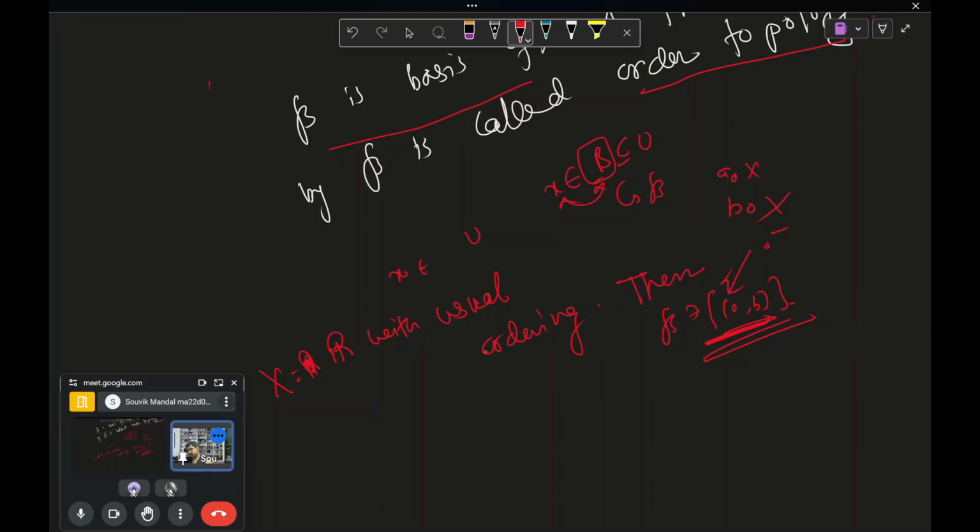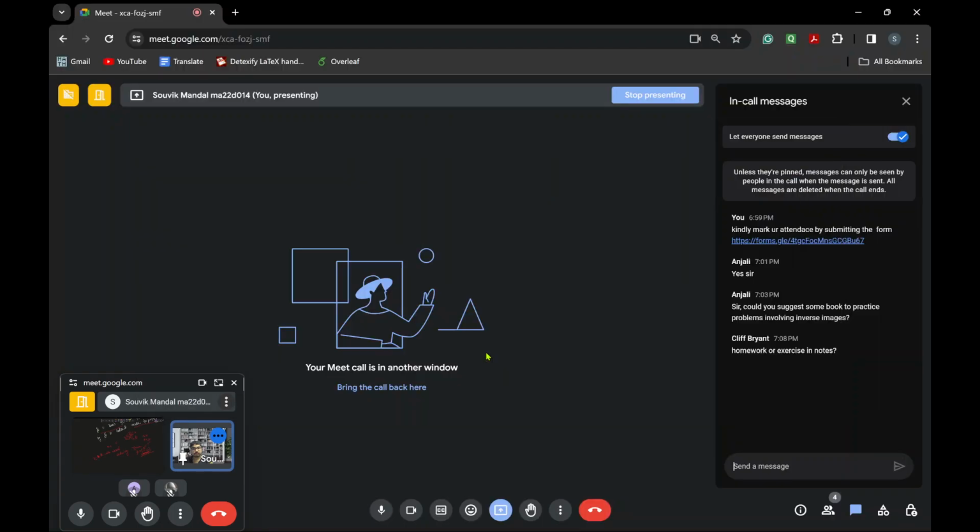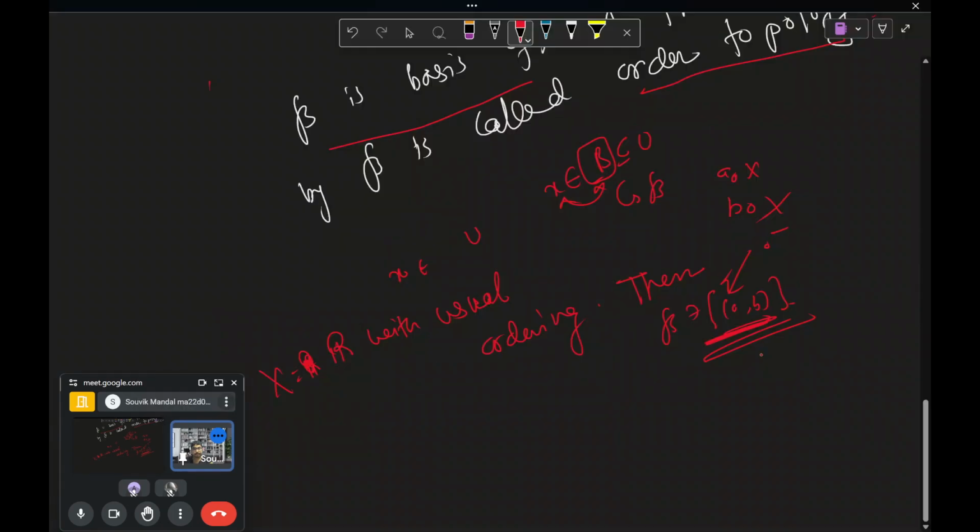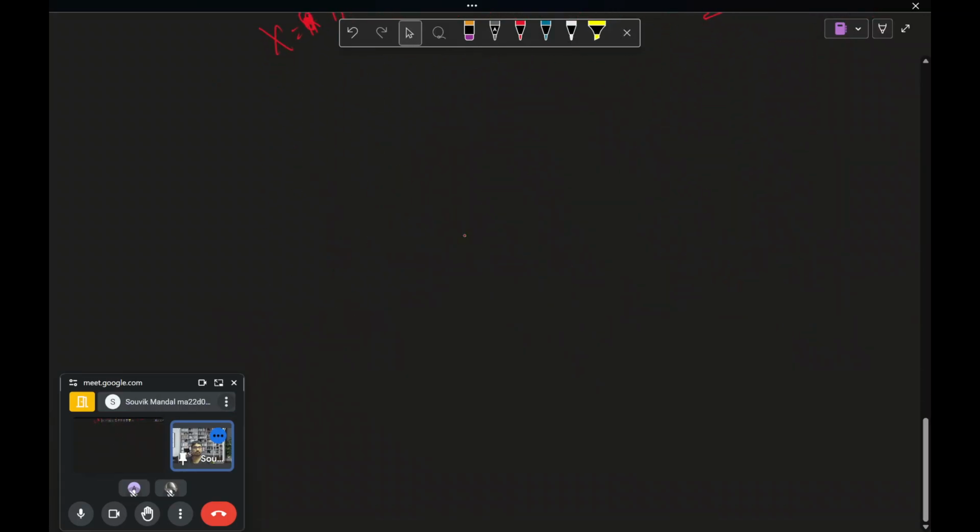Okay, let's start connectedness now. Before going to the formal definition, let me try to give some feeling about connectedness.